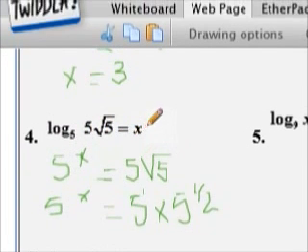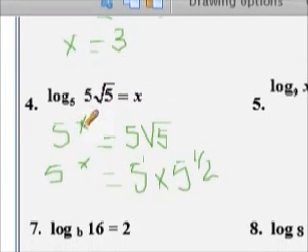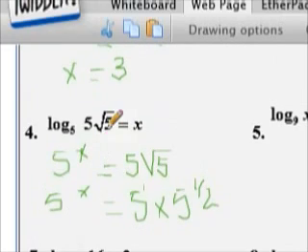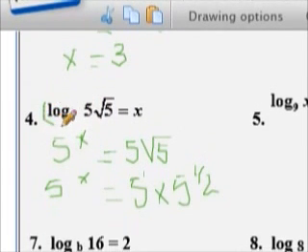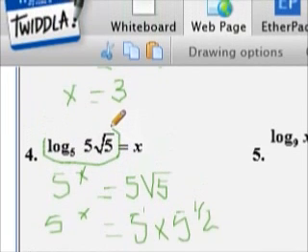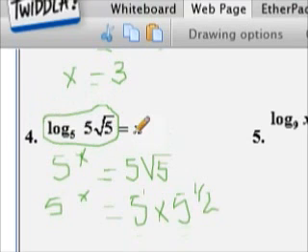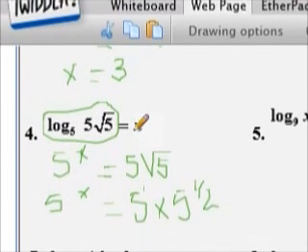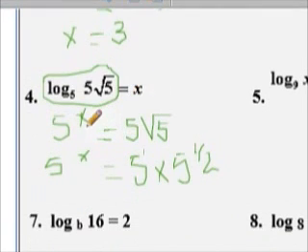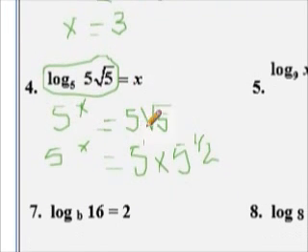So here they put the result equal x. That's why I use x like the exponent, because what I was trying to compute was log base 5 of 5 square root of 5. Since they use x, I know the result is x. X is the exponent. So what exponent is necessary to raise 5 in order to get 5 square root of 5?